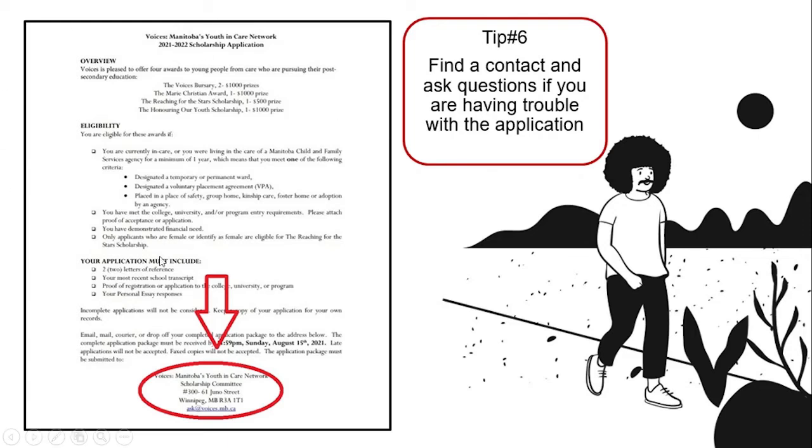Usually they're located at the bottom of the information page of the application. With the Voices Manitoba Scholarship, you can always email ask@voices.mb.ca, and there you'll be able to ask any questions you have.